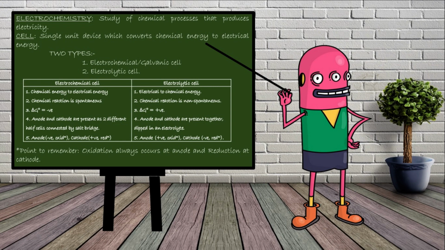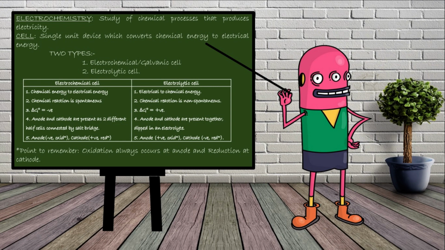Cathode is the positive electrode where reduction takes place. This is just opposite in case of an electrolytic cell, where the anode is positive and here oxidation takes place, and the cathode is the negative electrode where reduction occurs. One thing is very important to remember, that is, in both the cases, oxidation takes place at the anode while reduction occurs at the cathode.